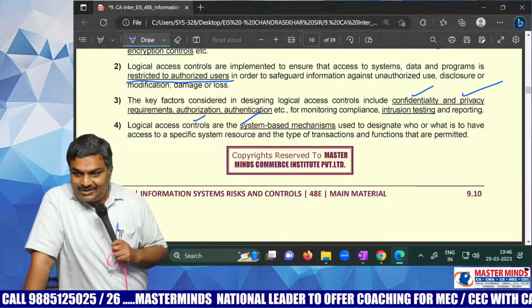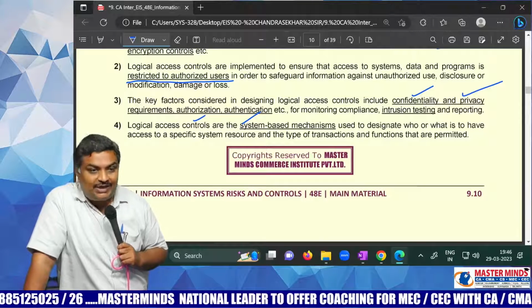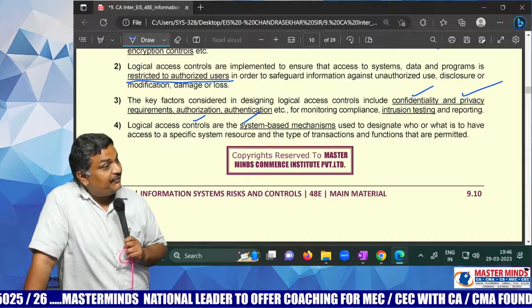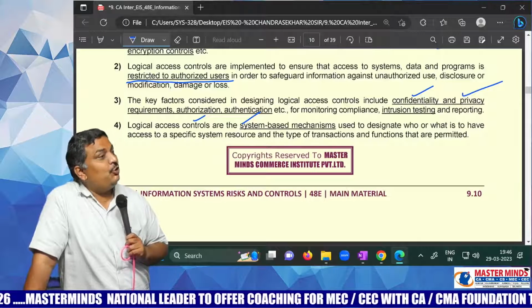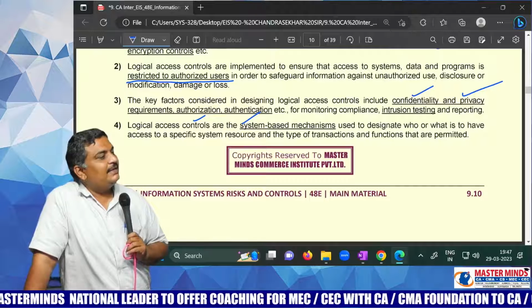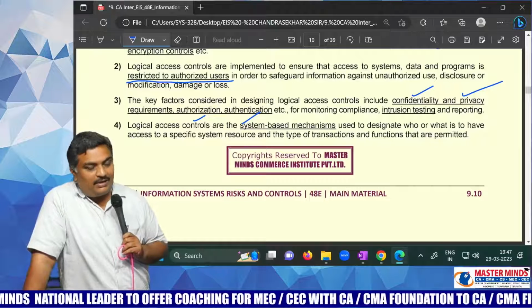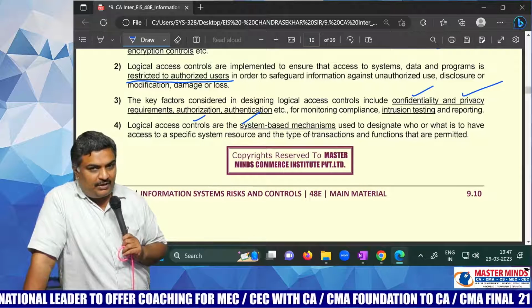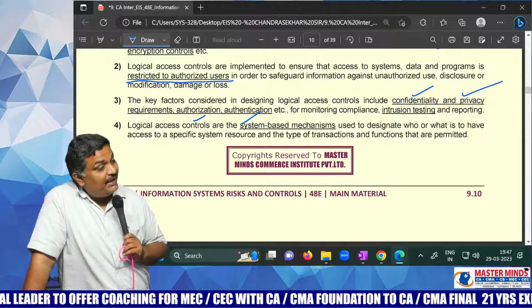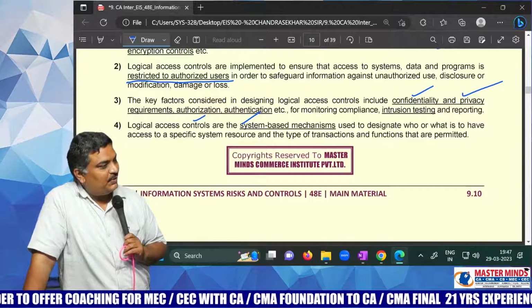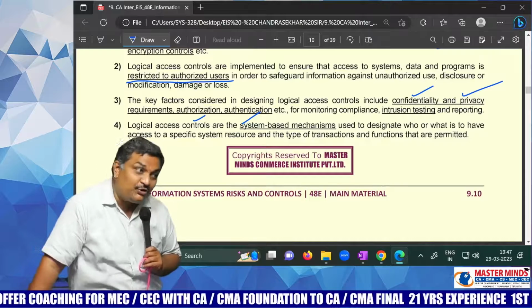For authorization. Password is given to you for what? For authentication. Authorization is different, authentication is different. You know user ID, that means it is an authorization that you are an employee of this organization. But are you the right employee? That will be decided by the password. Password will help you authenticate that you are the person.